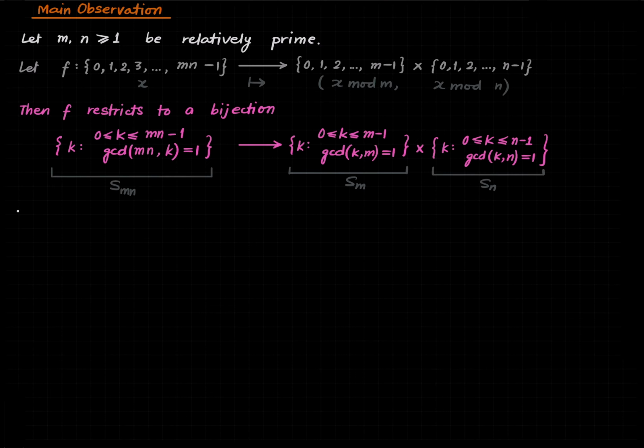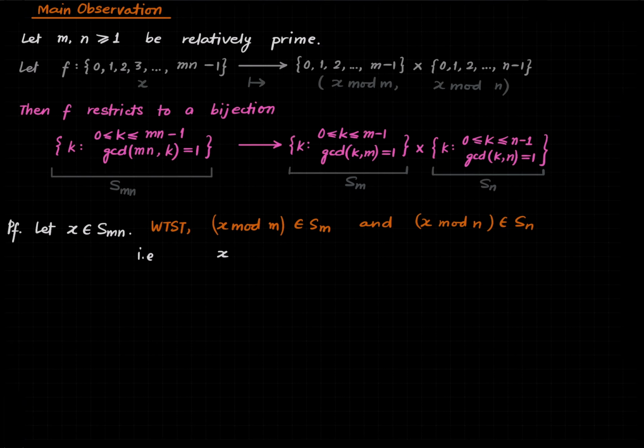So if we pick something from S_mn, we want to show that x mod m is in S_m and x mod n is in S_n, which is to say that this is equivalent to saying x is relatively prime to m and x is also relatively prime to n.